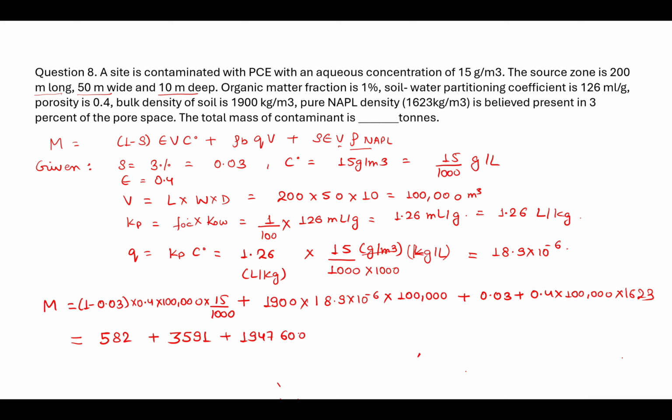So these values are in kg. To convert it into tons, we will divide by 1000. So let's first calculate how much kg we are getting.